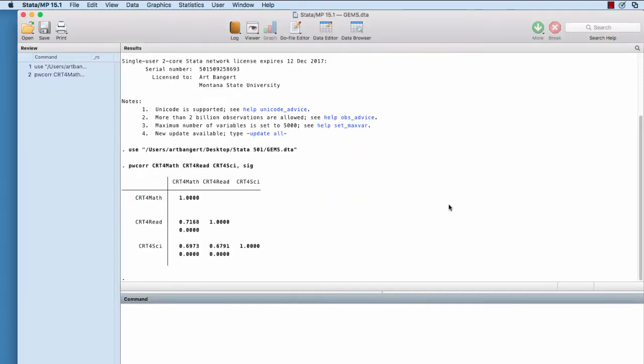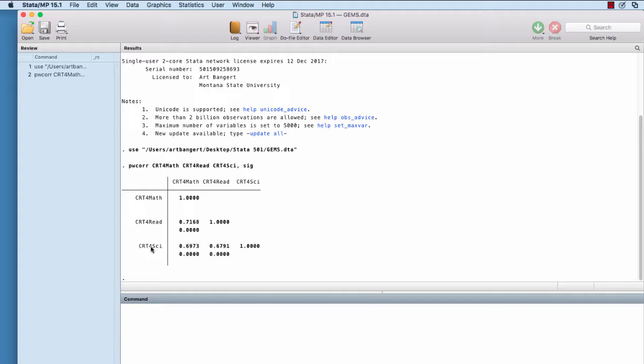And then OK. And you can see from our output we have what's called a correlation matrix. So we have a matrix of variables and their correlations between one another. So in this case, the correlation between reading and math scores on the 4th grade CRT is 0.72 rounded off.